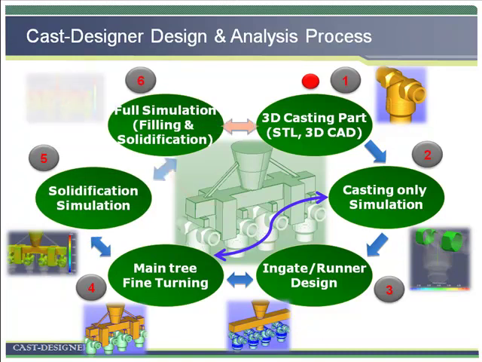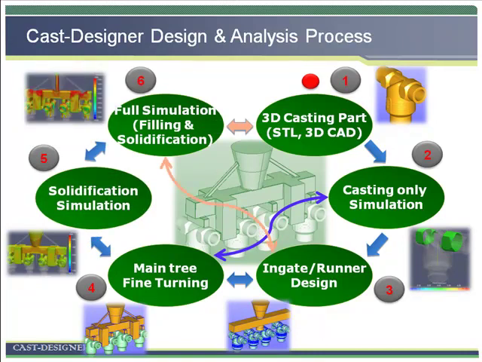After that, we can perform a quick simulation for solidification only, to check the dimension of the inner gate and runner sections. Finally, a simulation with full casting system should be carried out to validate both filling process and solidification process. If there are any problems of the result, the design could be corrected in any design phase or stage.